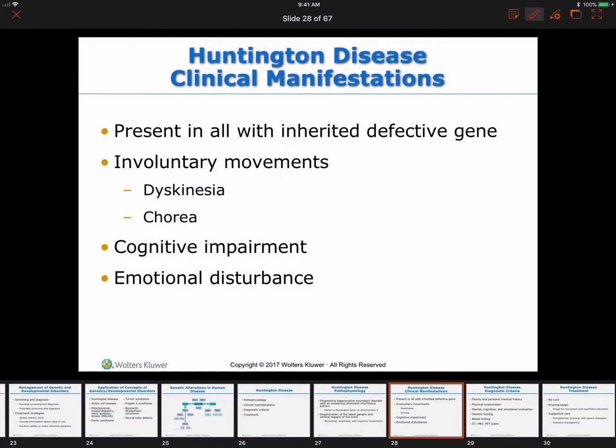Now, we see involuntary movements like chorea, dyskinesia. We see cognitive impairment, emotional disturbances, a wide spectrum of problems.